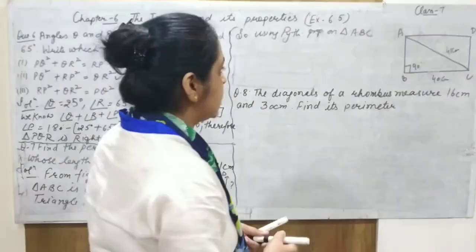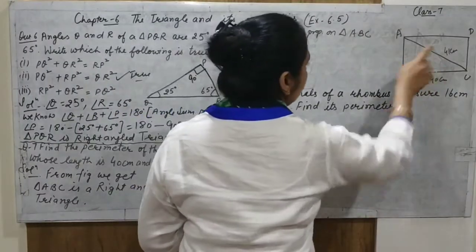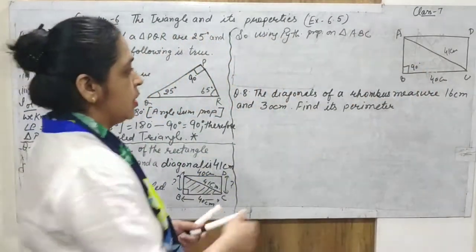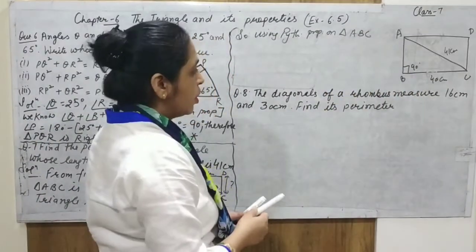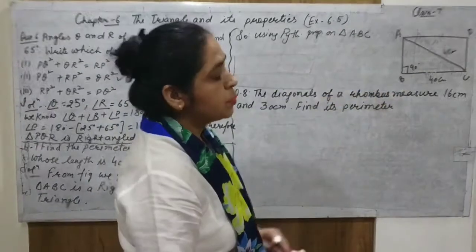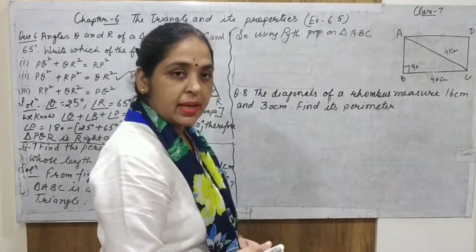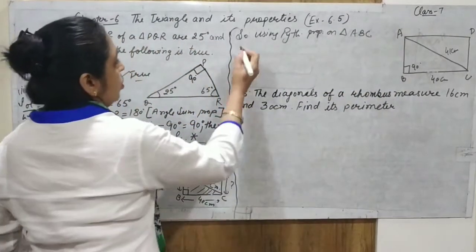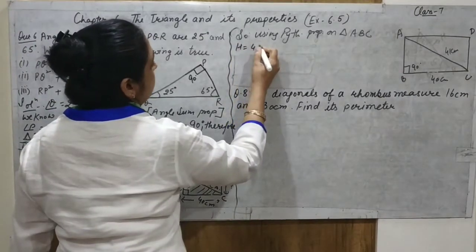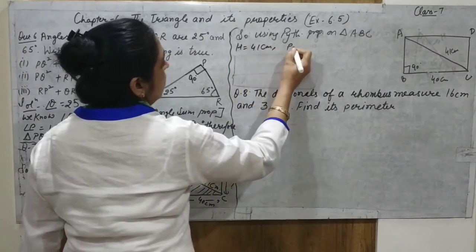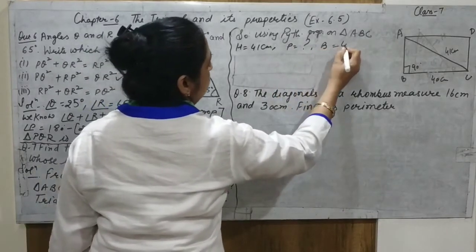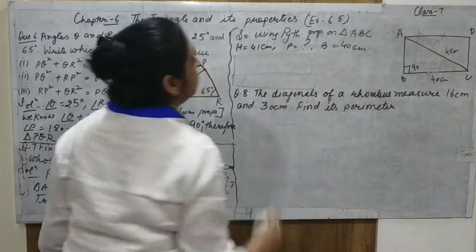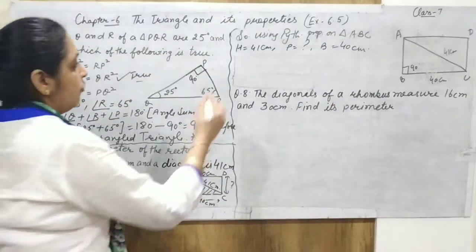Understand first that H is equal to 41 centimeter. This is the perpendicular and this acts as base, because the 90 degree angle is always made between perpendicular and base. So H is equal to 41 centimeter, P is unknown, and base is equal to 40 centimeter.